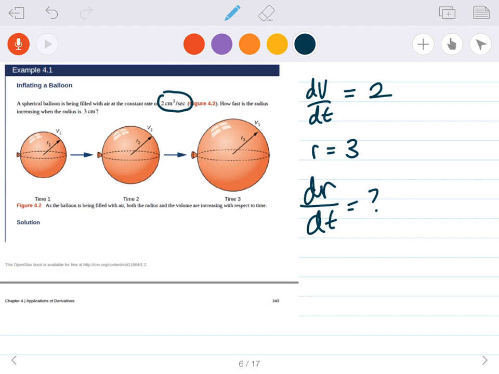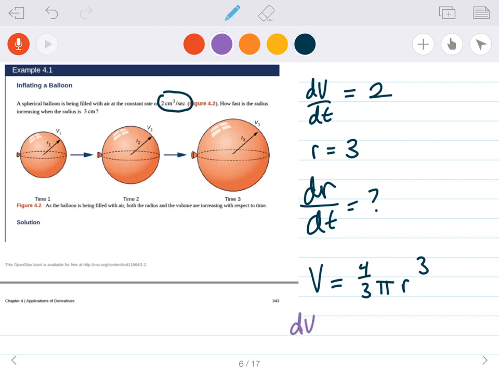All right, so now we can use the same formula that we used before with the snowball. We can relate volume and the radius because those are the 2 things we have, basically. And it was 4/3 pi r cubed. All right, so now I'm going to take the derivative of both sides with respect to t.